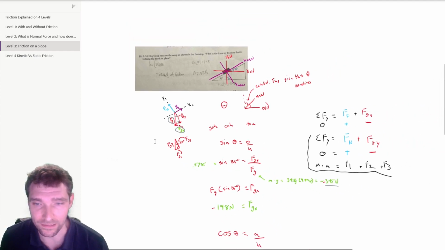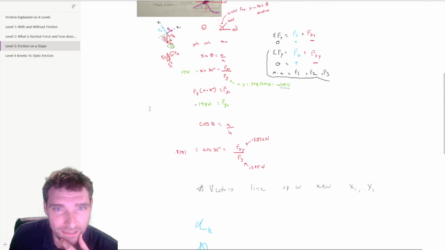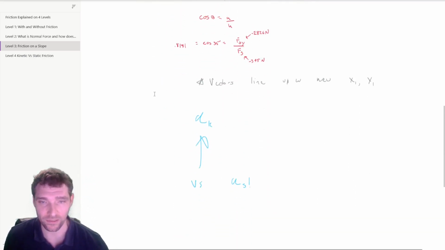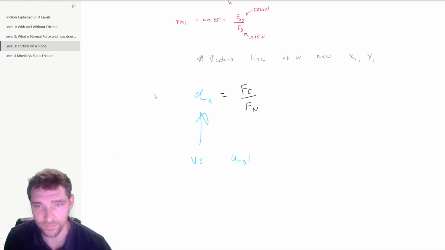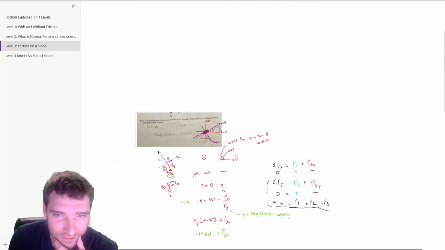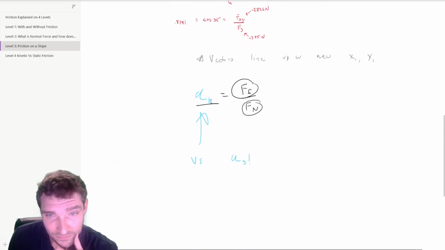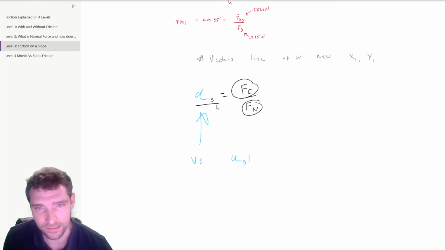And if you get the force normal, you should be able to get this coefficient of friction as well. So basically, we have these two pieces of information. We should be able to get the friction coefficient, in this case the static friction, because this object is still. So this should be for the static.